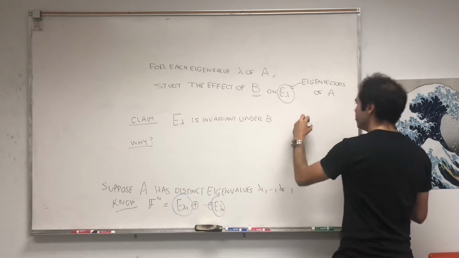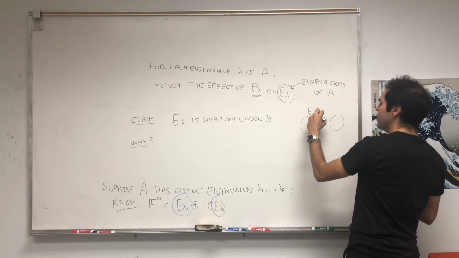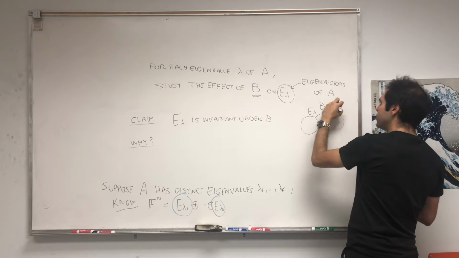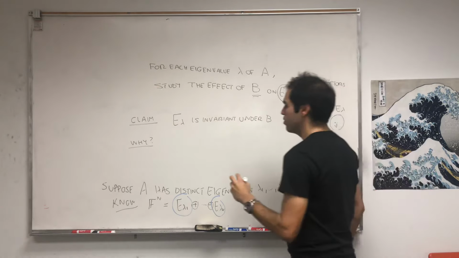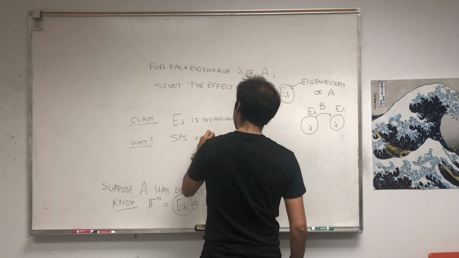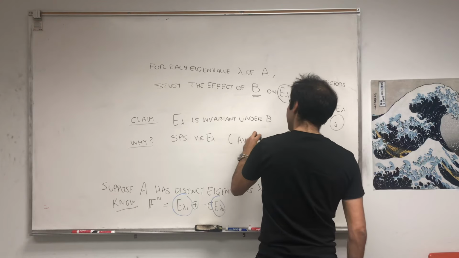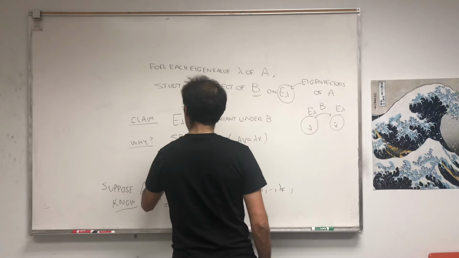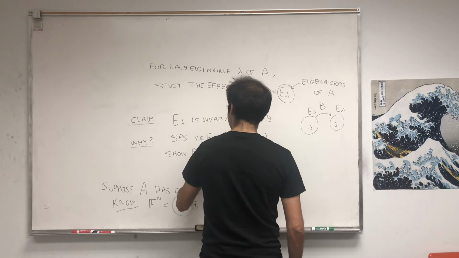So in other words, if you start with a vector in E lambda, and you apply B to it, you still get a vector in E lambda. So suppose V is in E lambda, which means, you know, AV equals lambda V, and then show B of V is in E lambda.